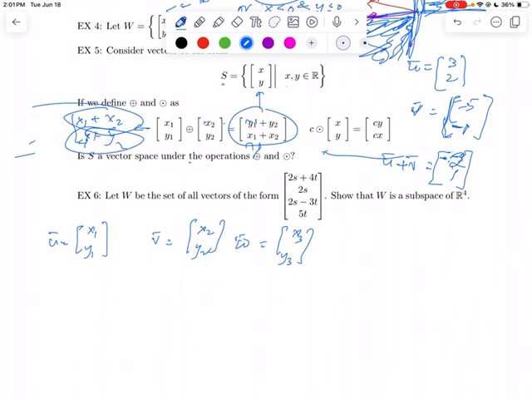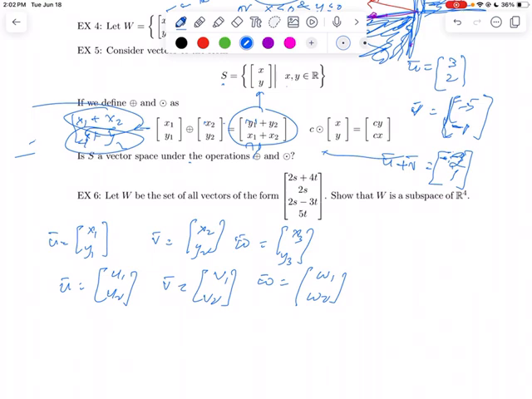I like u is u1, u2, v is v1, v2, w is w1, w2. It's your choice, and it doesn't matter what name we pick as long as we have the same rule.